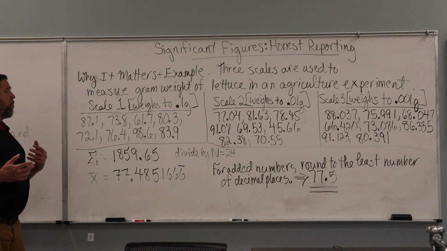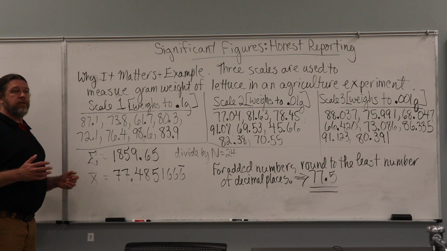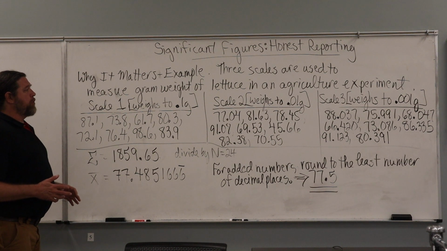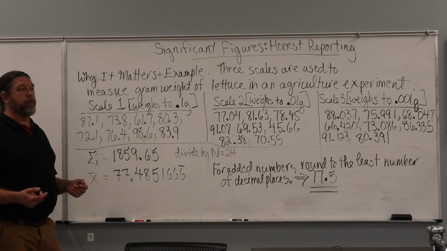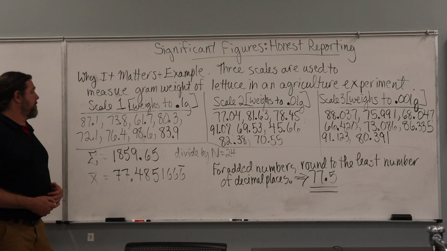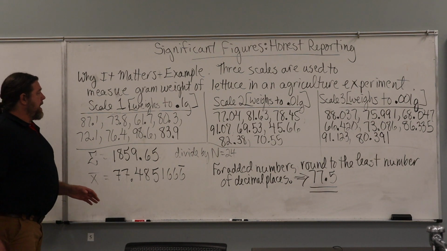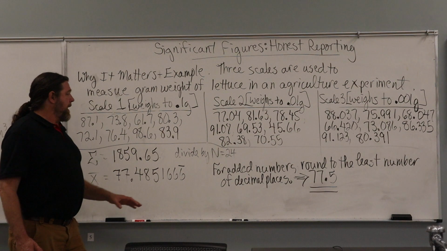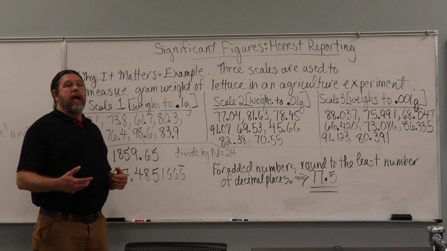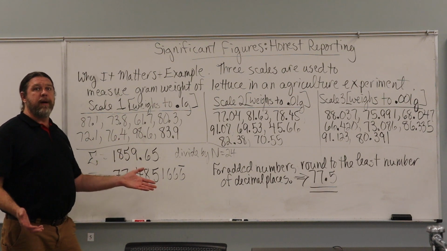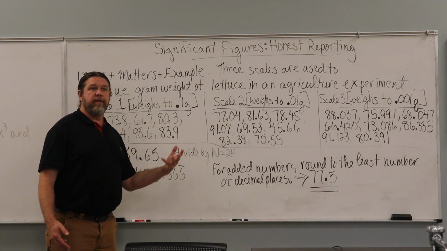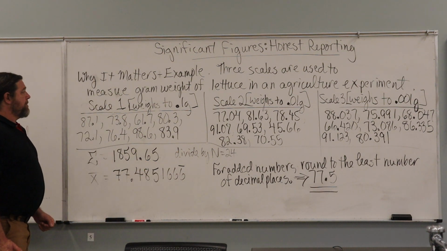Well, in science, you round to your lowest accuracy of data, or your lowest quality of data, if you want to think of it that way. And when we are adding up numbers and trying to round, in this case, remember taking an average is just based on adding up numbers and then dividing by the number in the set.